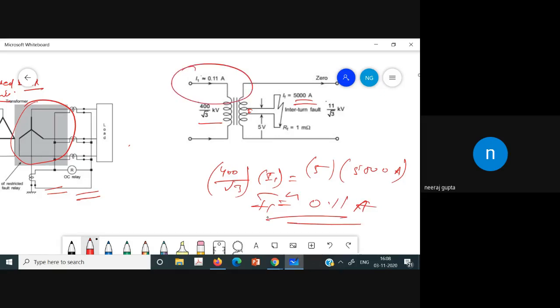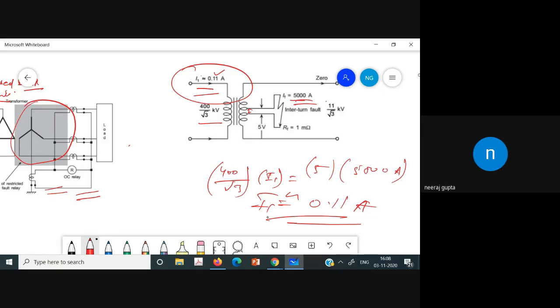It is very small. It means that the current that circulates within the shorted turns is 5000 amperes, whereas at the 400 kV terminals, the current circulating is only 0.11 ampere.